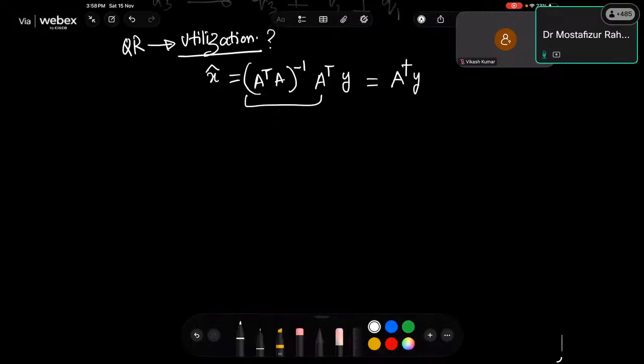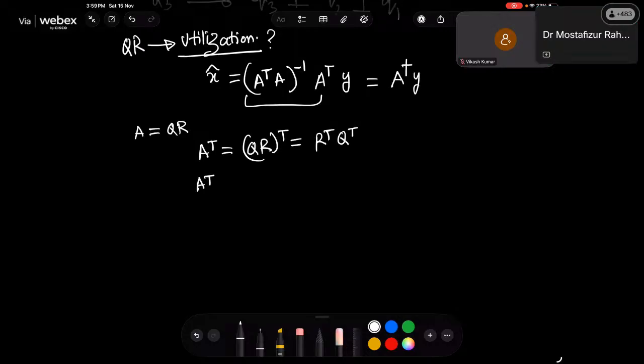Now we just learned that A can be written as QR. QR decomposition we can do for A. Immediately what happens is A transpose will become (QR) transpose. That means R transpose Q transpose.